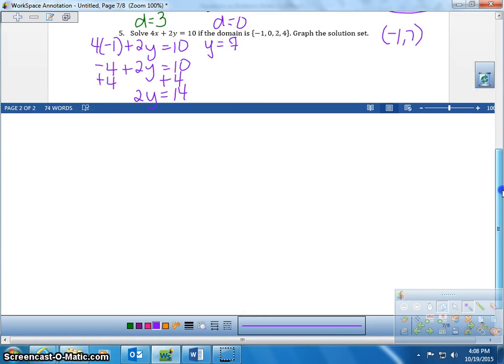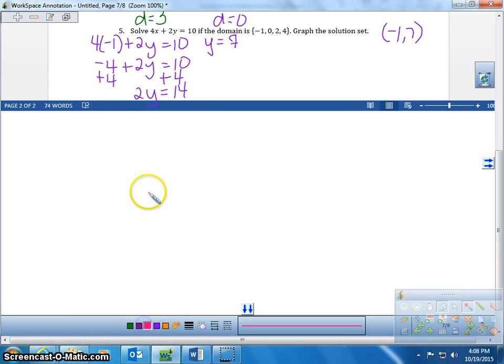I'm going to do this again 3 more times. So I'm going to plug in 0. So 4 times 0 plus 2y is equal to 10. Well, anything times 0 is 0, so we don't even need that. So then I'm going to divide by 2. Y is equal to 5. My next ordered pair is 0, 5.